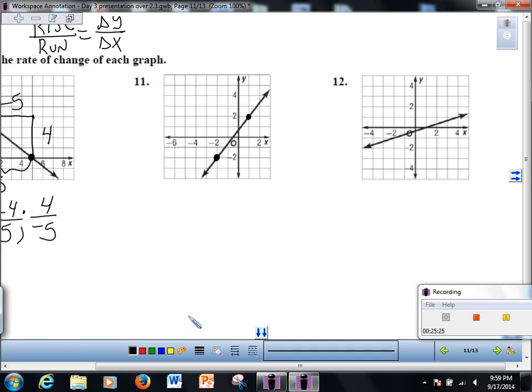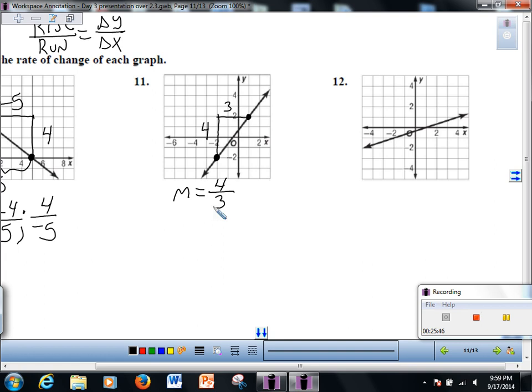It doesn't matter which dot you go from. If I go from this dot, I'm going to go up 1, 2, 3, 4. I went up 4, and I'm going to go over 3. So this slope is up 4 over 3.